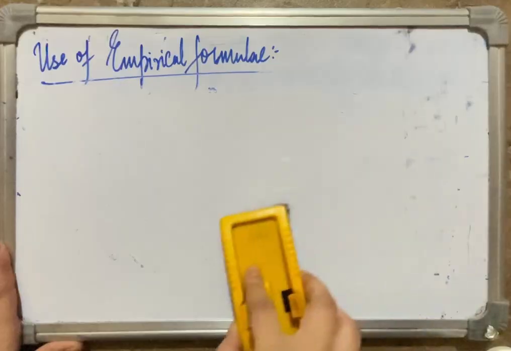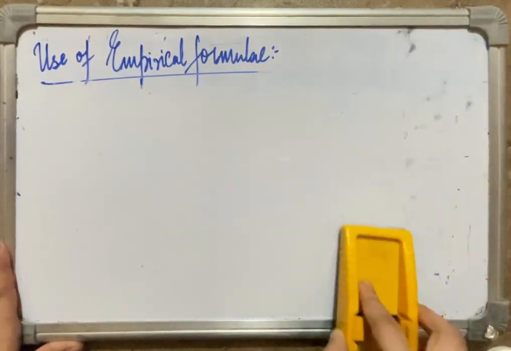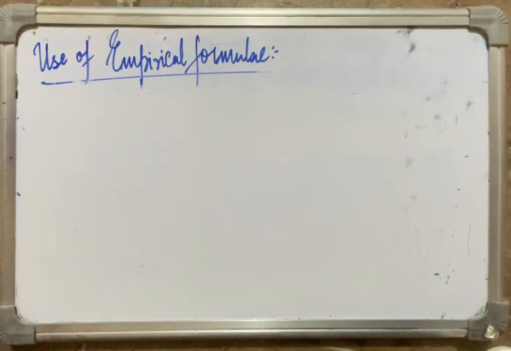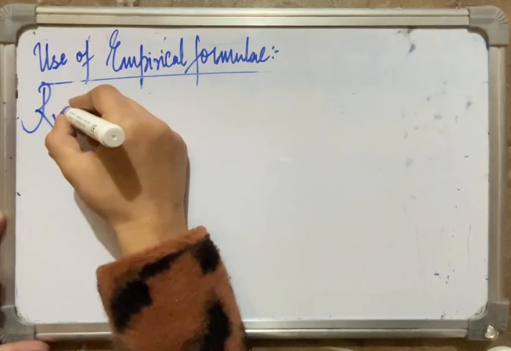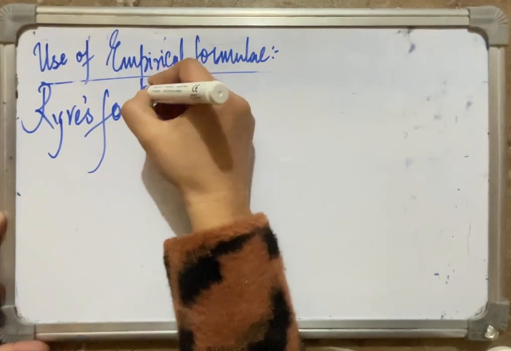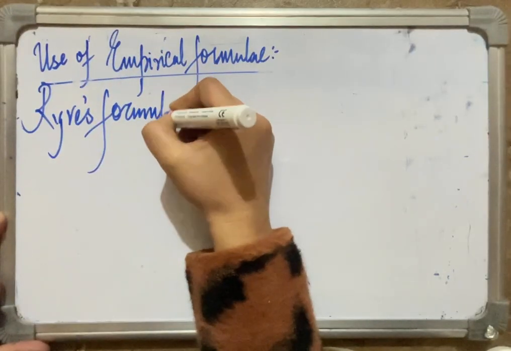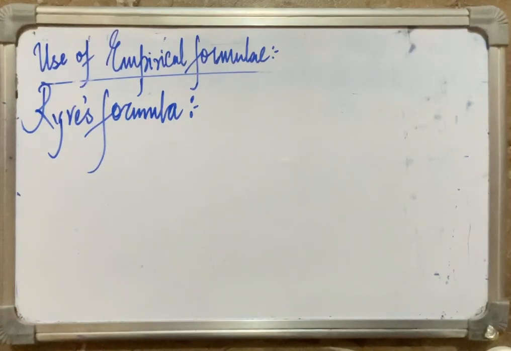The next empirical formula that we are going to study here is the Rice formula. Wright modified the Dickens formula for application to catchments in southern regions of India.